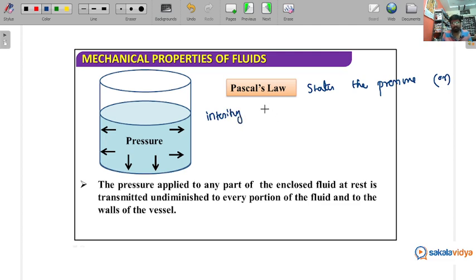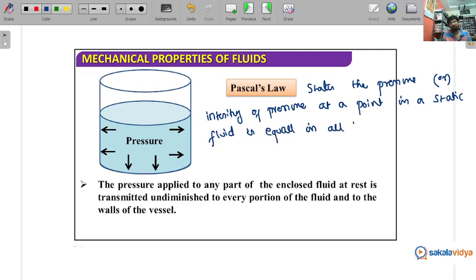It states that pressure or intensity of pressure at a point in a static fluid is equal in all the directions. So here the important keyword is stationary or static.